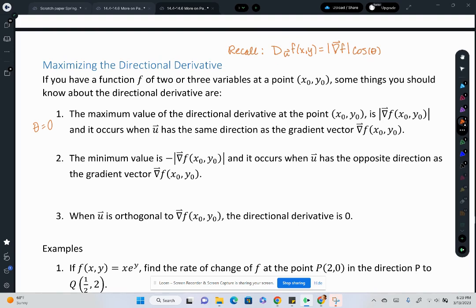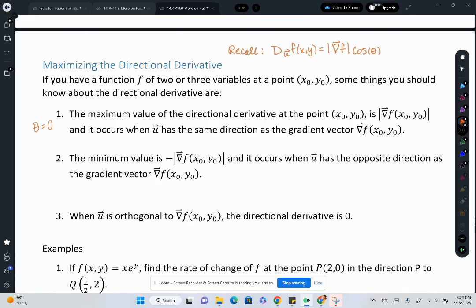The next thing to know is that the minimum value, like the smallest value you could possibly calculate for a directional derivative of a surface at a point, is the negative of the magnitude. And this occurs when the unit vector has the opposite direction as the gradient vector.